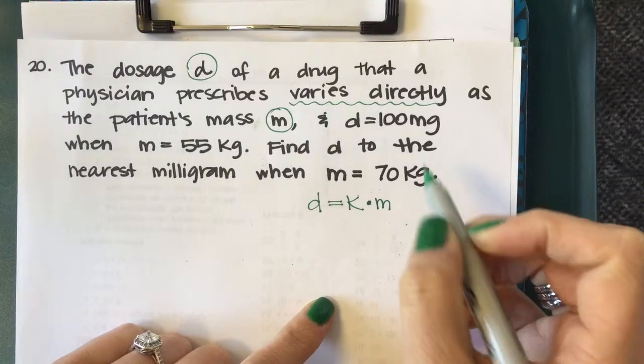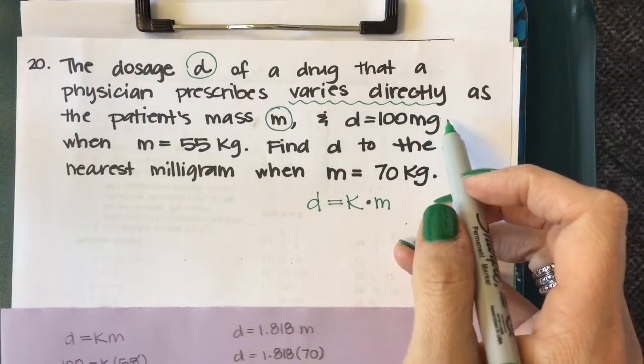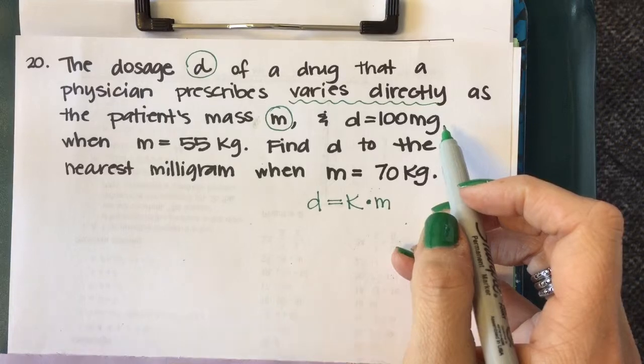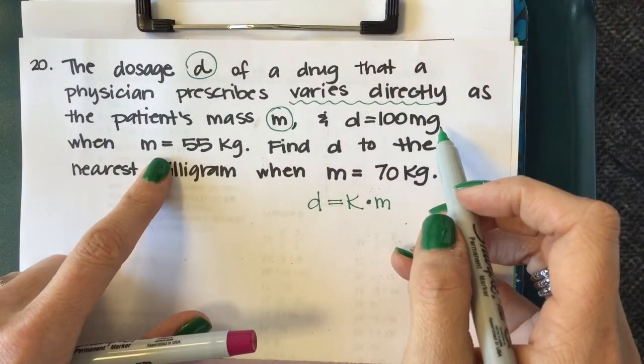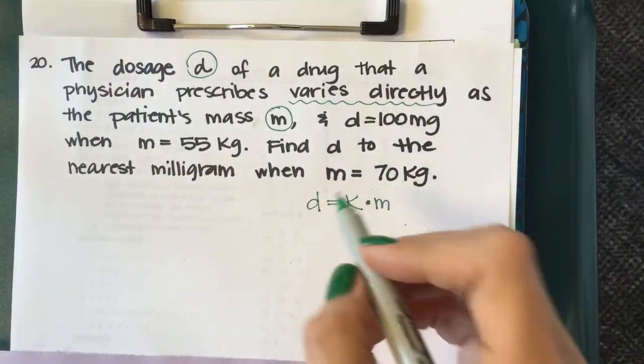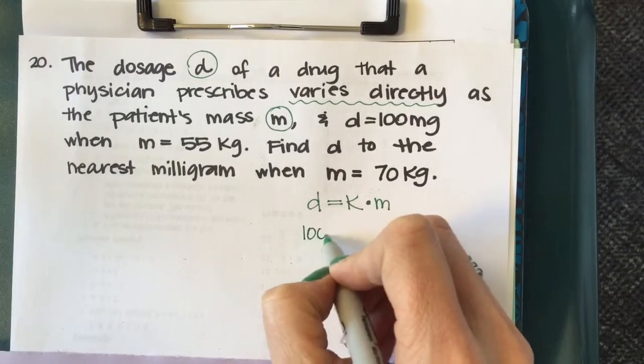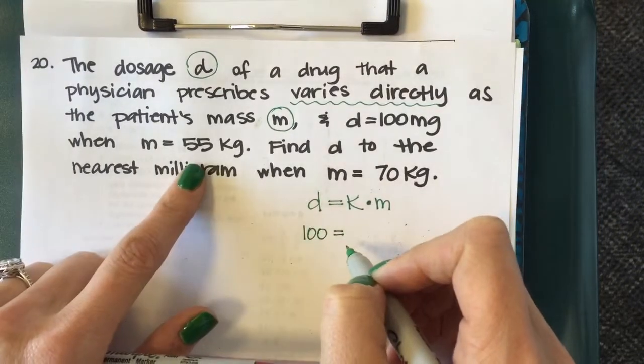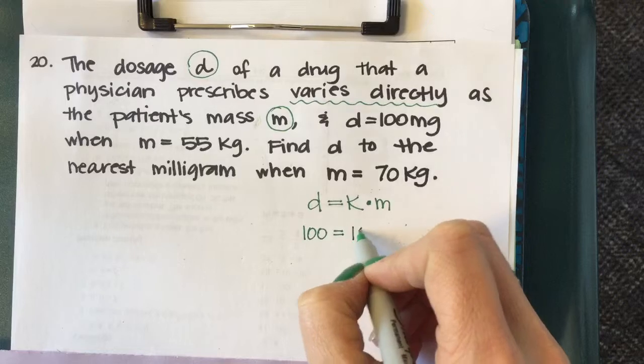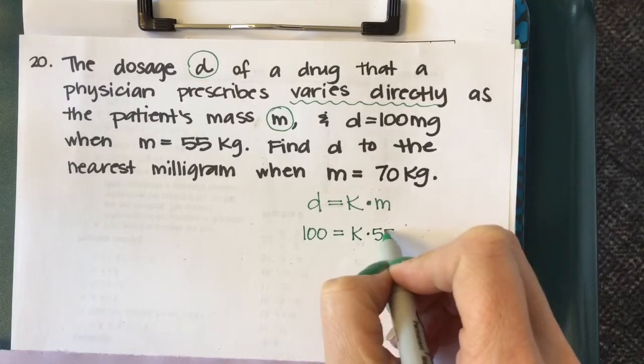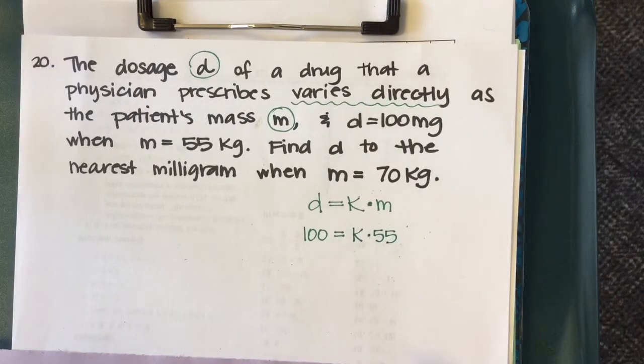Then they give us that D equals 100 milligrams when the mass of the patient is 55. So I'm going to put 100 in for D and put 55 in for the mass m so that I can solve for k and get my function.